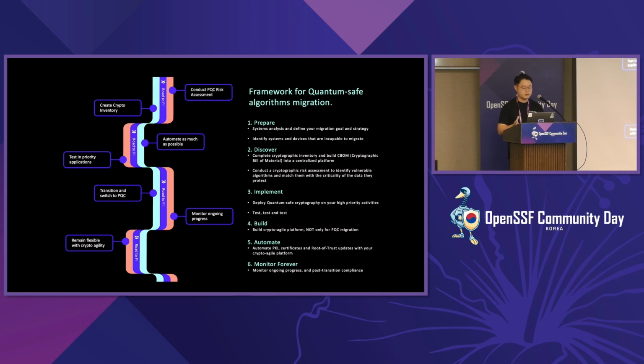Understand where they are, what they're protecting, and also identify those legacy systems that will never be able to migrate to PQC, because some of the mainframe and banking systems are very legacy and incapable of migrating. How can we build the defense around them to protect those critical assets?